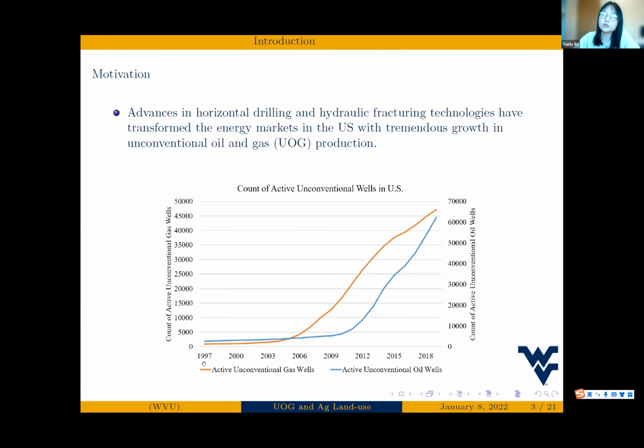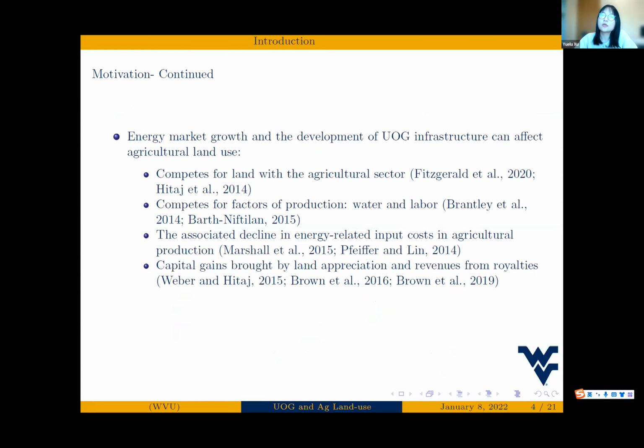This figure here shows that the number of active UOG wells grew more than tenfold between 2005 and 2018. Energy market growth and the development of UOG can affect agricultural land use in both positive and negative ways.